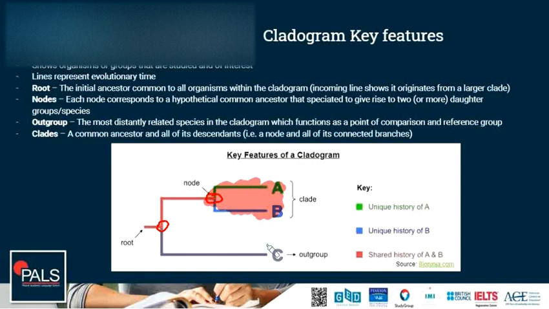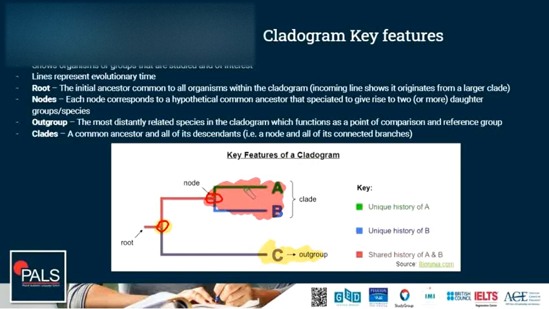The outgroup in this cladogram we have down here, C, is the outgroup because it is on that node which is furthest away from our other groups. And again, a clade is a common ancestor and all of its descendants, the node and all of its branches and connections.